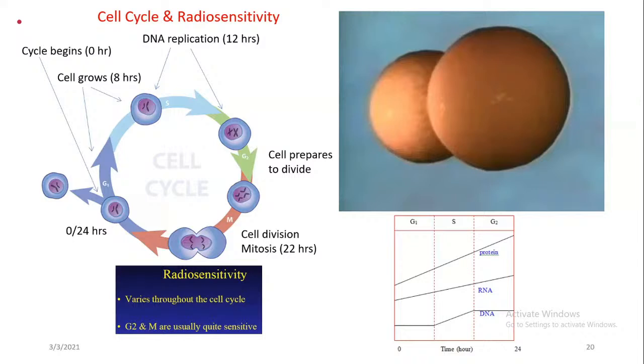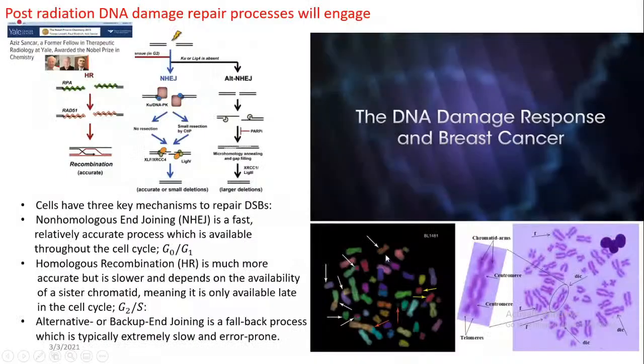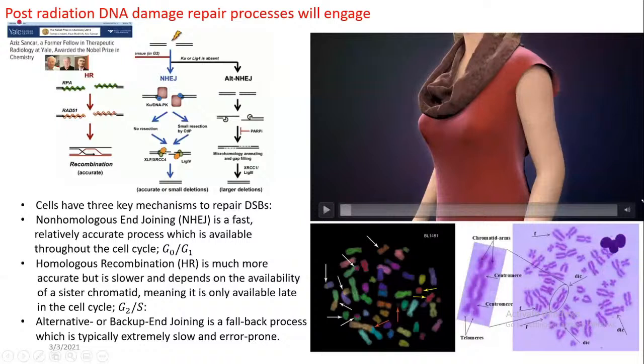And so the other aspect of the time and dose rate is related to DNA repair mechanism. The 2015 Nobel Prize in Chemistry was given to the discovery of a DNA repair pathways followed by ionizing radiation.